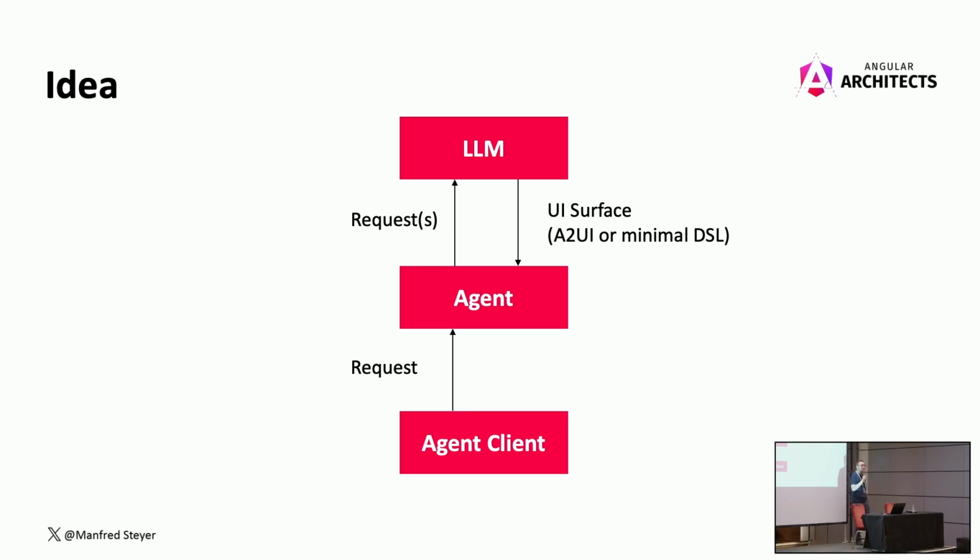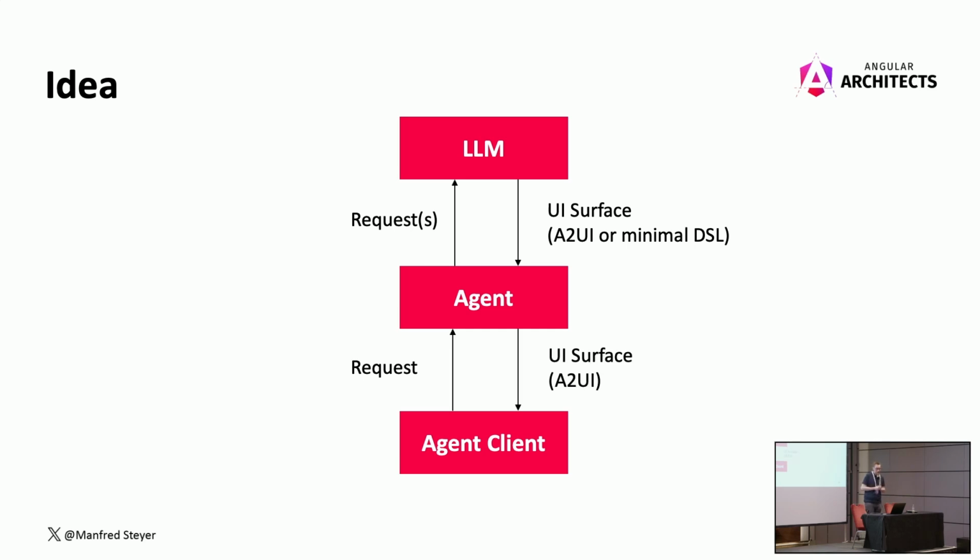Sometimes the DSL is superior, because when it is about a DSL, the LLM can make fewer mistakes. It's easier for the LLM to grasp a simple, limited DSL. If your LLM is strong enough, perhaps it can already come up with A2UI.